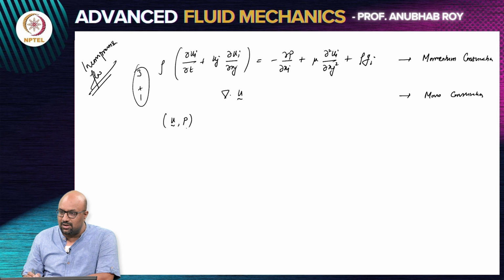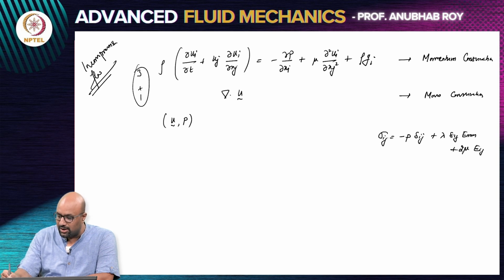If you were doing all of this for a compressible scenario, then you would have to look for additional terms, because you remember for the compressible problem, I will have minus p δij plus lambda δij Emm and then 2 mu Eij.